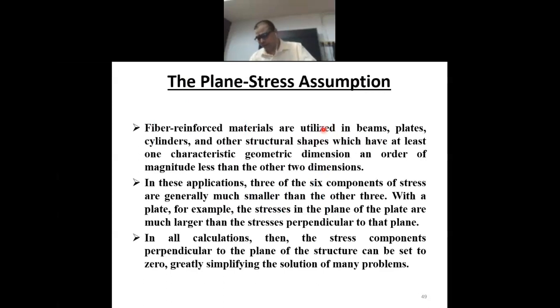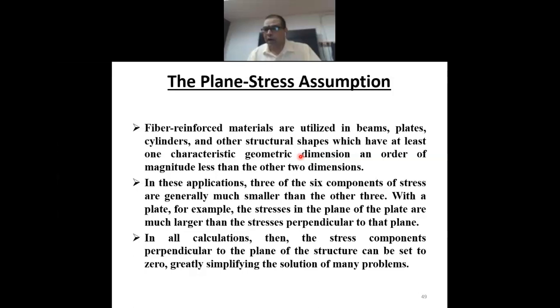In 3D, again we need to deal with the 6 strains and 6 stresses, a complex one. So we move from 3D to 2D because practically all structures are not 3D structures. If we say a line has breadth and depth, but the breadth and depth are negligible compared with the length, we treat the line as one-dimensional geometry.